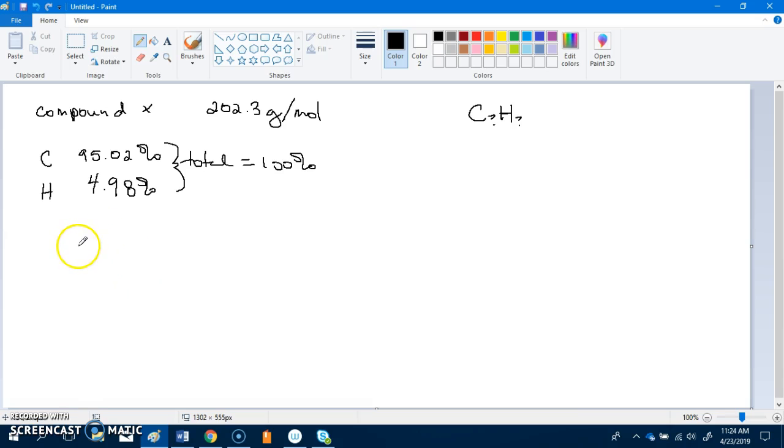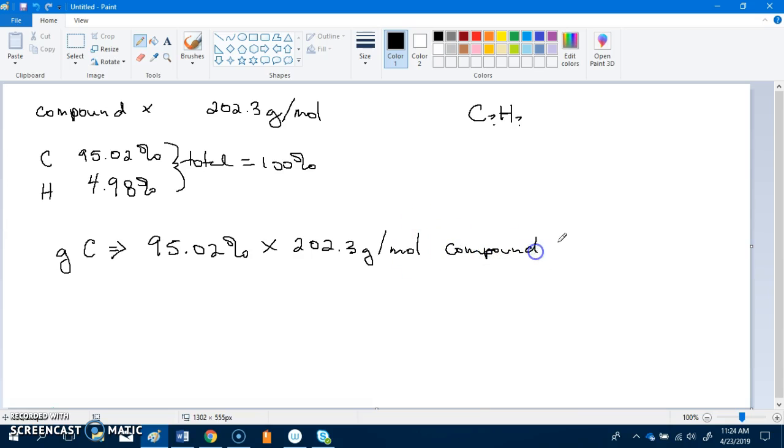So the first thing we're going to do is we need to know how much carbon makes up this total. So if we're looking for the mass of carbon in our sample, we know that it's going to be 95.02% of the total amount of compound X. So we're going to multiply the percent by the total amount to get the mass of carbon in the sample.